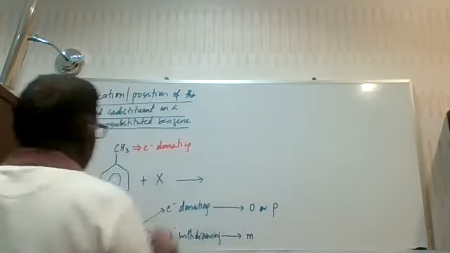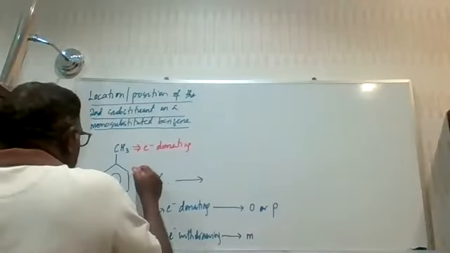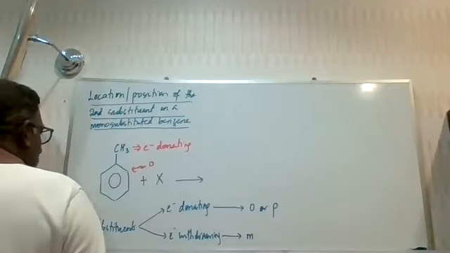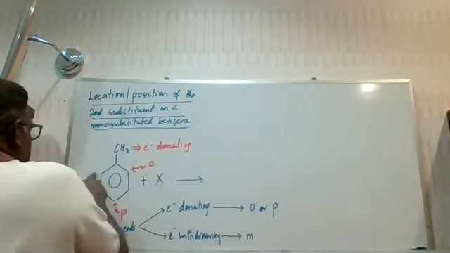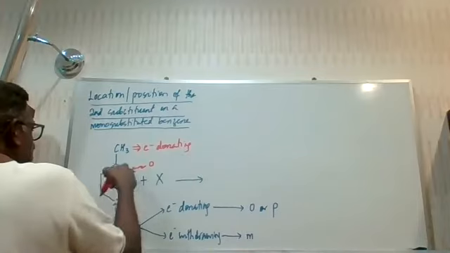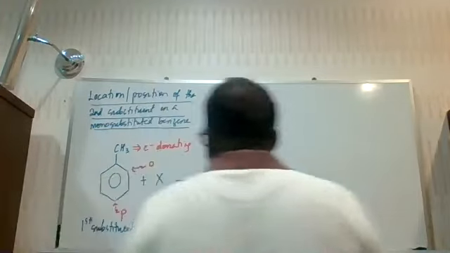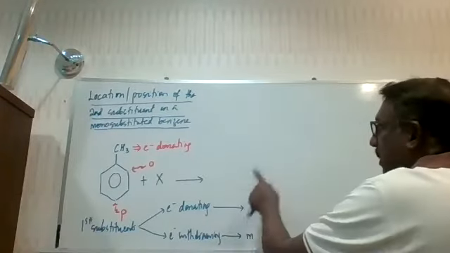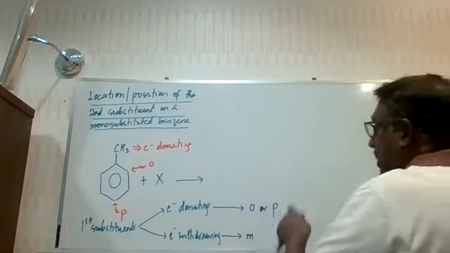An alkyl group is an electron donating group. Therefore, X will be directed to occupy either the ortho or the para. You can also take this: this and this are the same. Whether it occupies here or here, same. So I'm only considering that. Which means there's a possibility of two products, not one product. In the exam, that's what the examiner will test you.